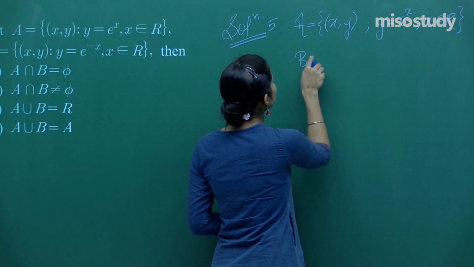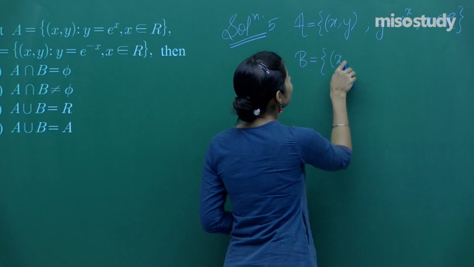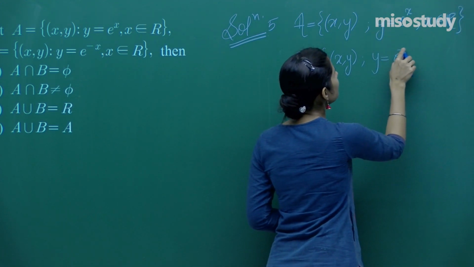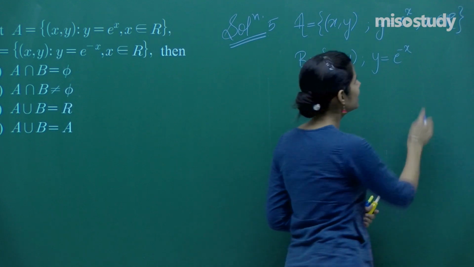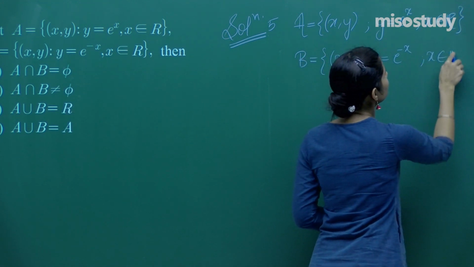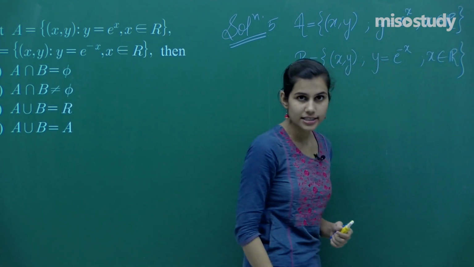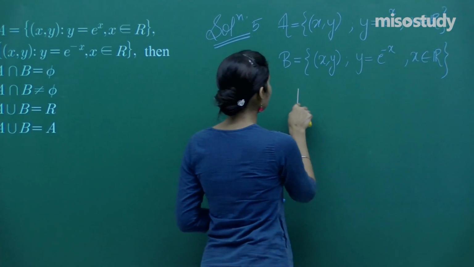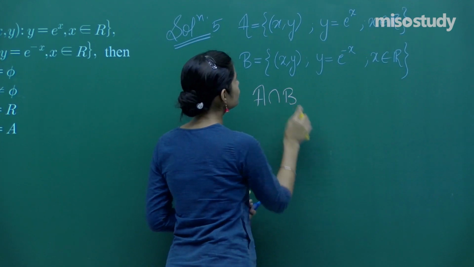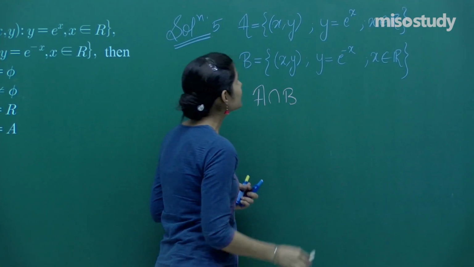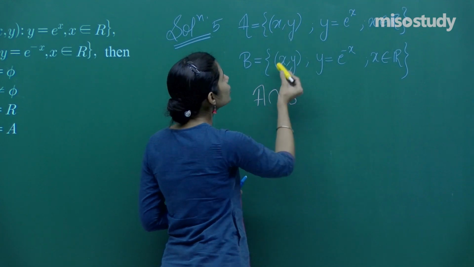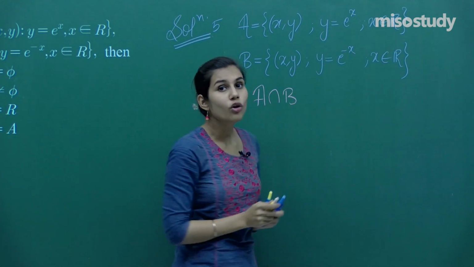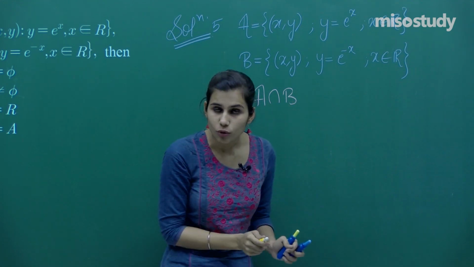Now if I say set B is all those x comma y such that the y is e to the power minus x, such that x belongs to the collection of reals. What do you think will be the intersection? If I want to find intersection of A and B, this means I want to find all those tuples x comma y which are there in A also and which are there in B also.